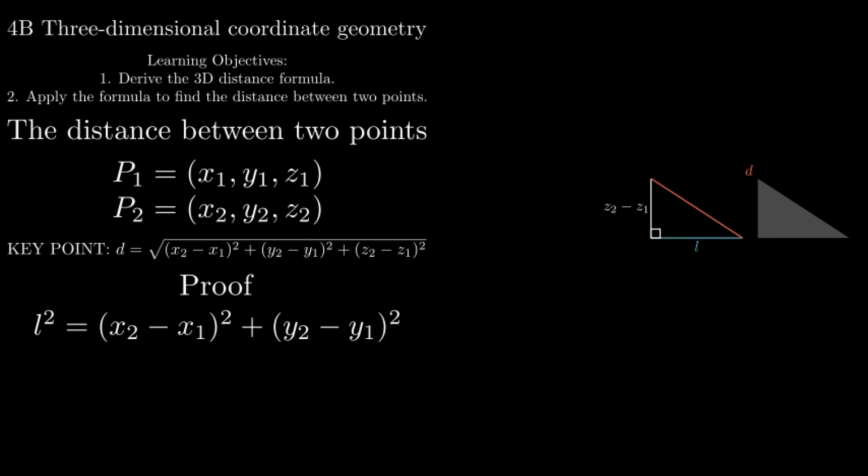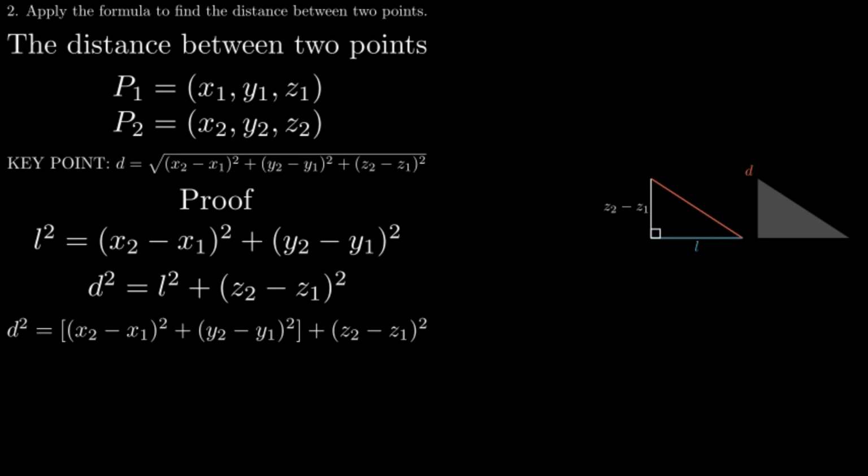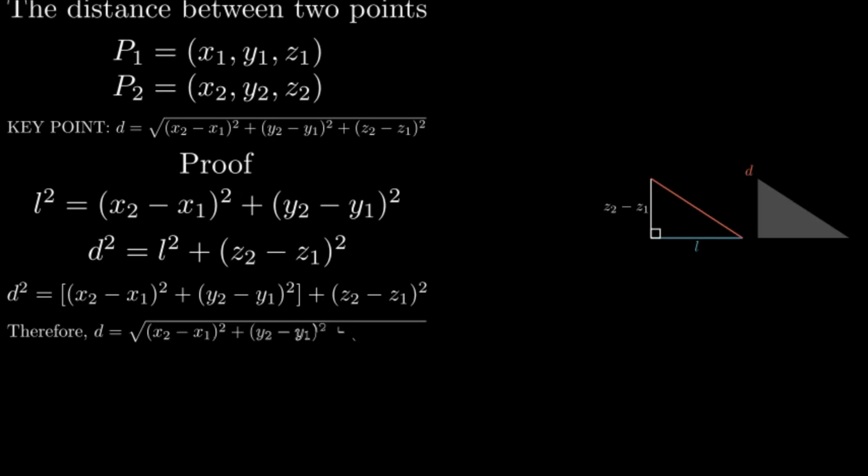We're almost there. We have an expression for d squared, and we already found an expression for L squared. Let's substitute our first result into our second one. We replace L squared with what it's equal to. So d squared equals the sum of the squares of the differences in x, y, and now z. The final step is to take the square root of both sides to solve for d. And there we have it.